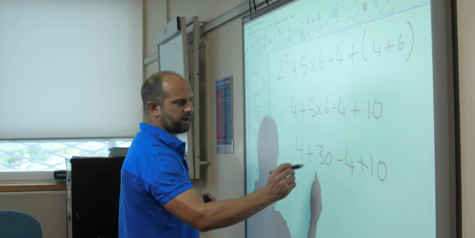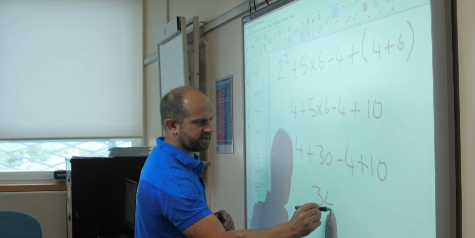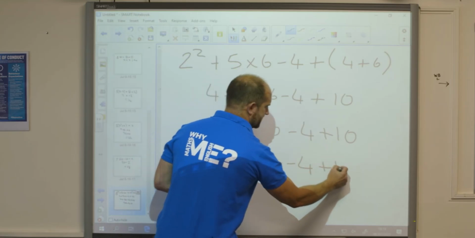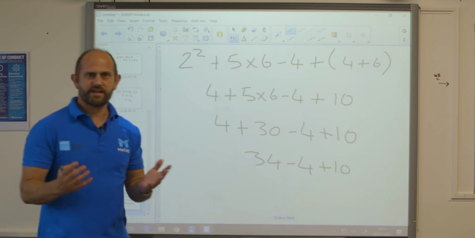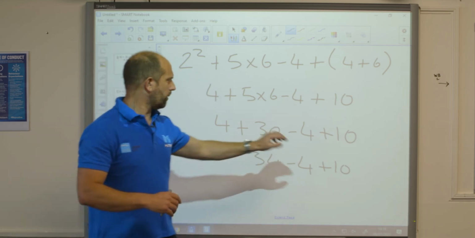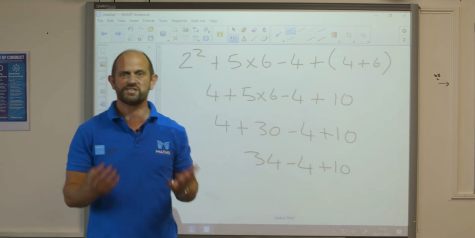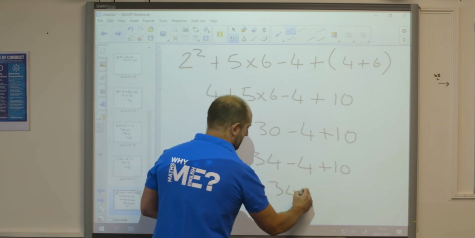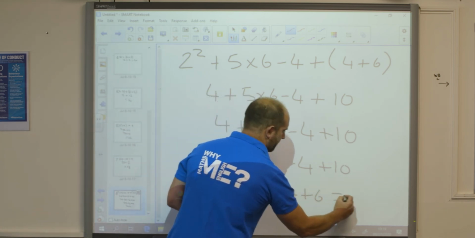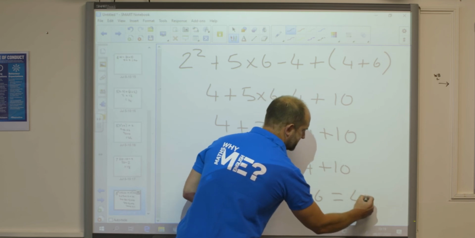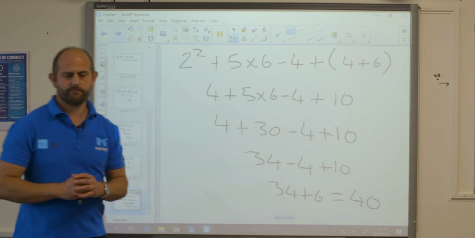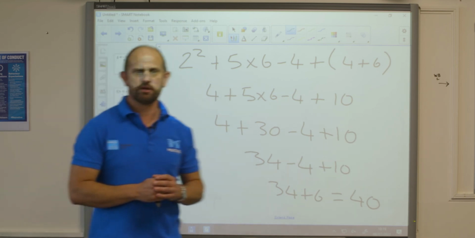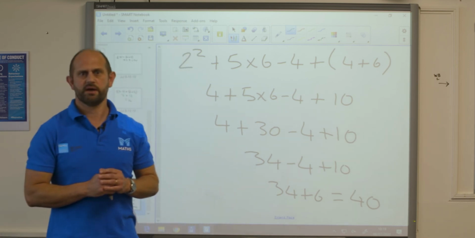So I've got 4 plus 30, that gives me 34, minus 4 plus 10. Now we haven't looked at negatives yet, but minus 4 plus 10 gives me 6. So now I've got 34 plus 6, so my final answer is 40. So that is BIDMAS: brackets, indices, division, multiplication, addition and subtraction.